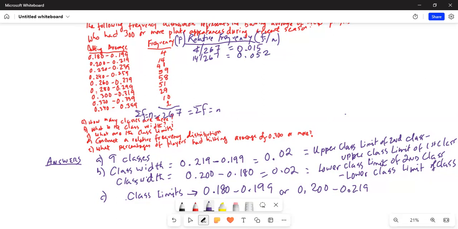Next, 41 divided by 267 is 0.154. Next, 59 divided by 267, which is 0.221. Next, 58 divided by 267, which is 0.217.